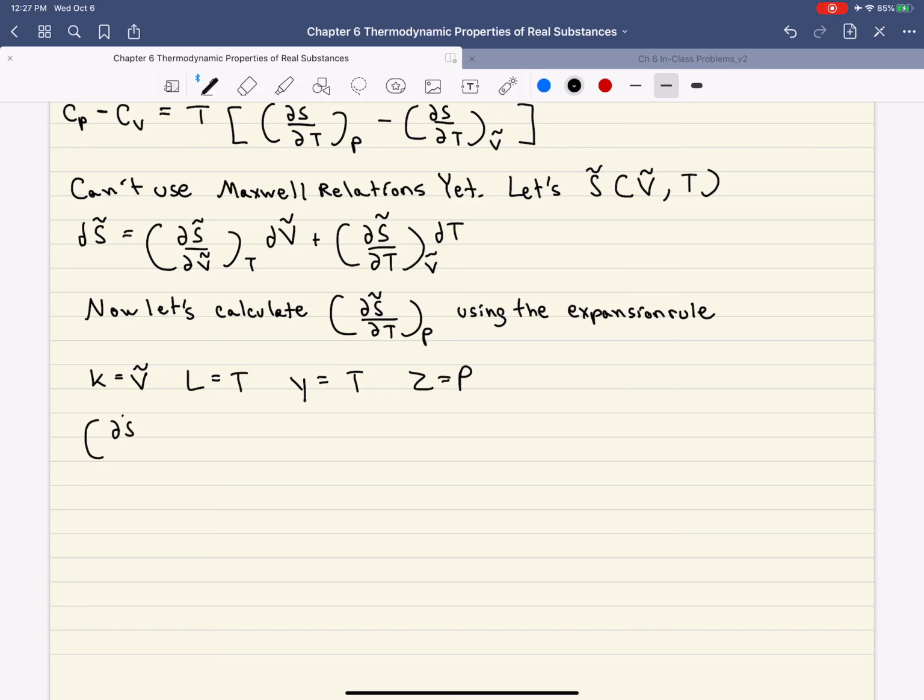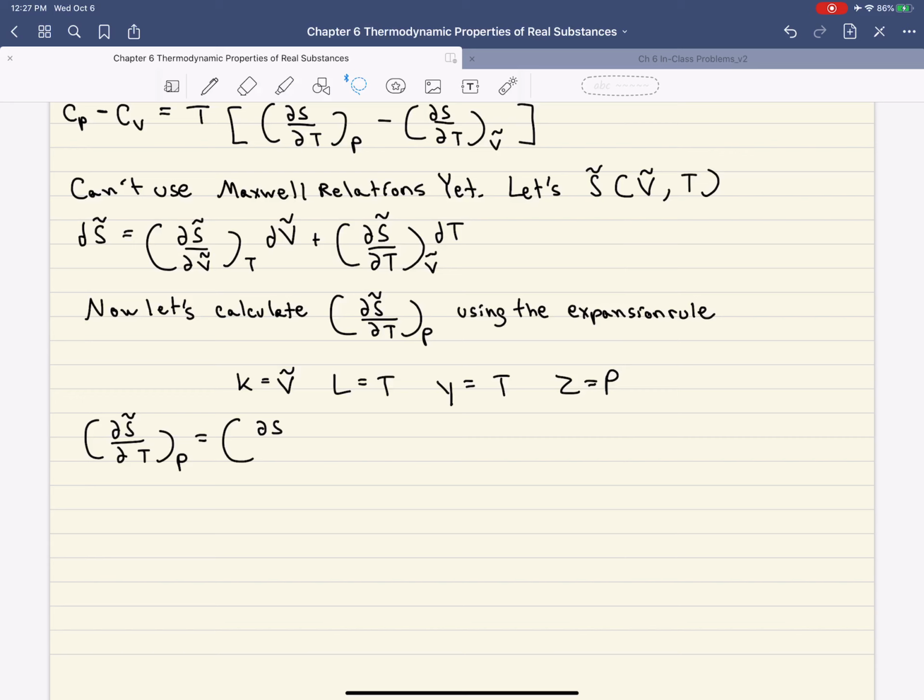And so for dS dT at constant P, in our expansion rule template that we laid out previously, our X in this case would be entropy.